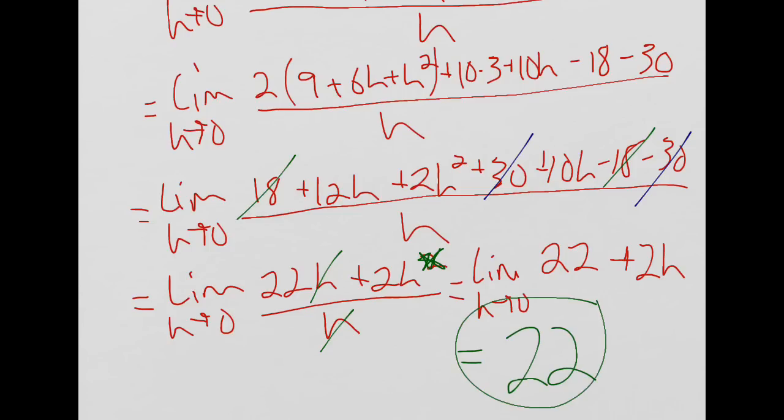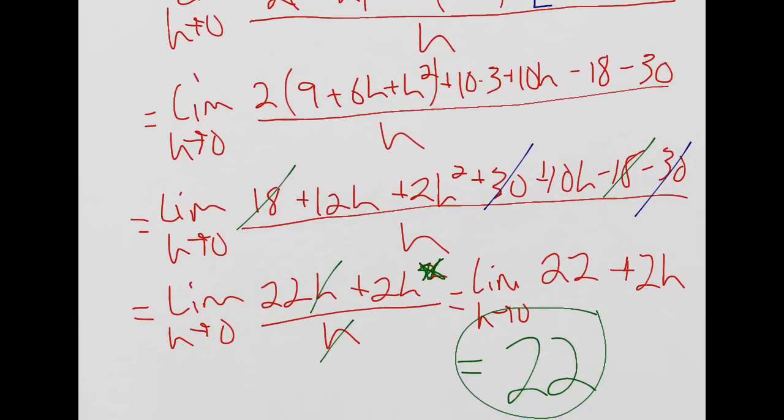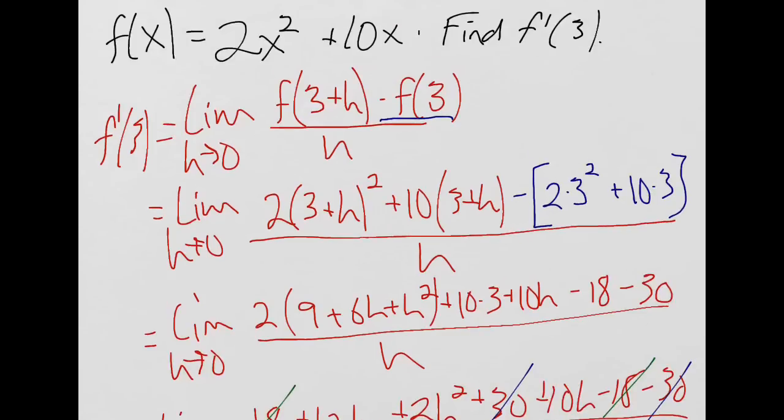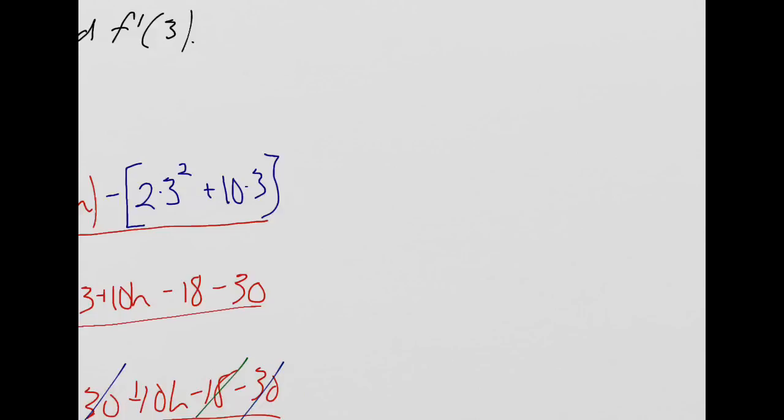So what that represents is the slope of whatever this function is at x equal to 3. So I'm going to go over here, and we'll come back to that in a moment. One of my other equations looks very similar.